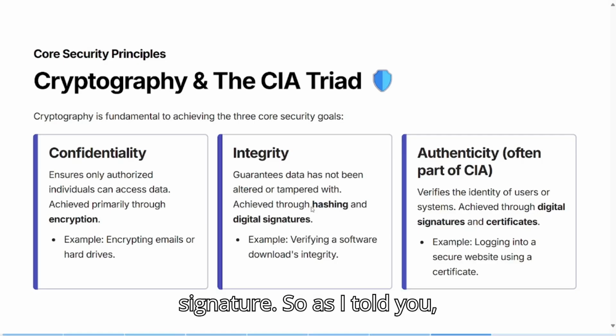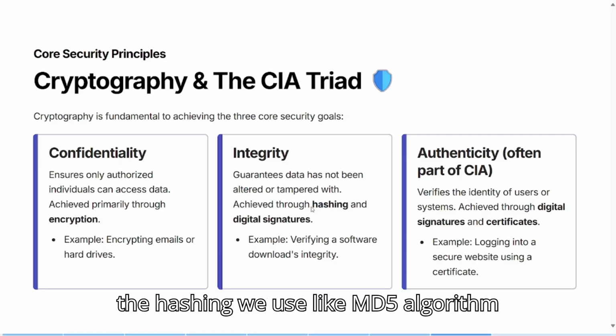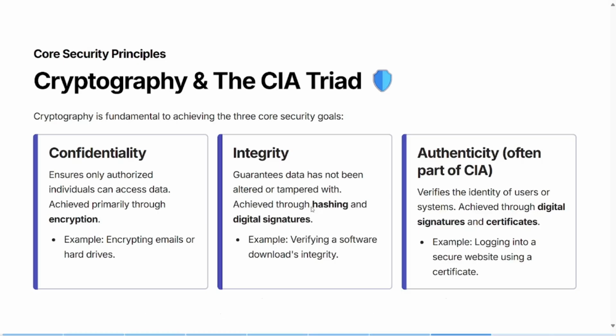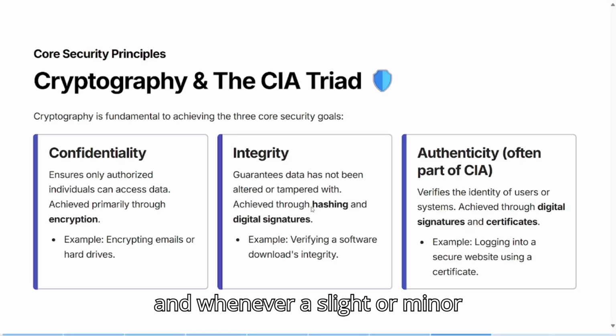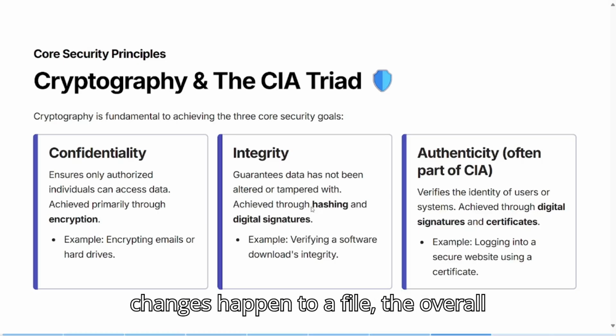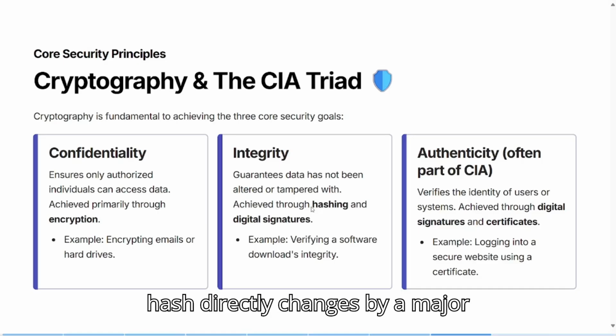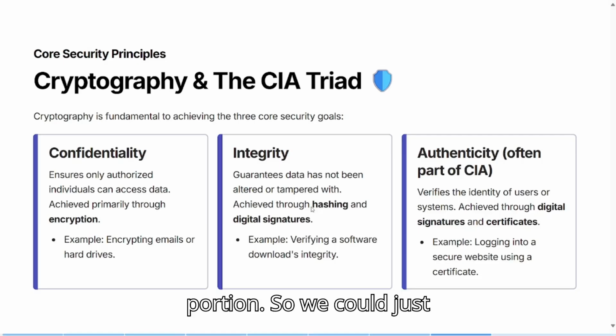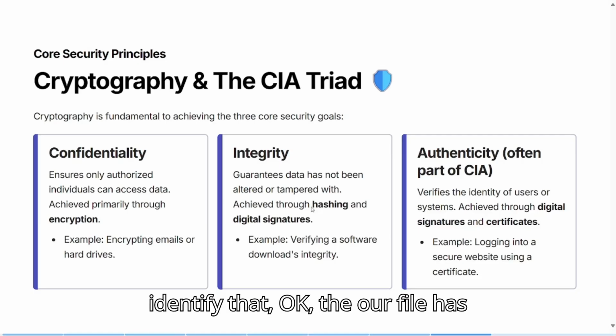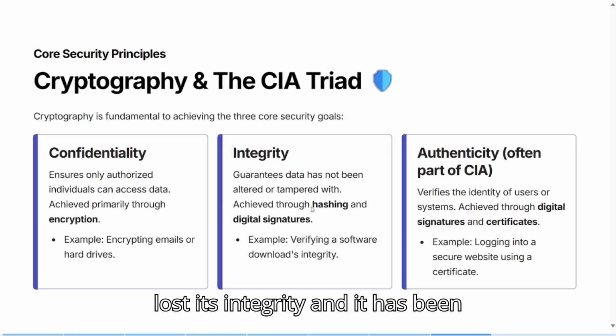As I told you, for hashing we use algorithms like MD5, and whenever a slight or minor change happens to a file, the overall hash changes by a major portion. So we can identify that our file has lost its integrity and has been altered.